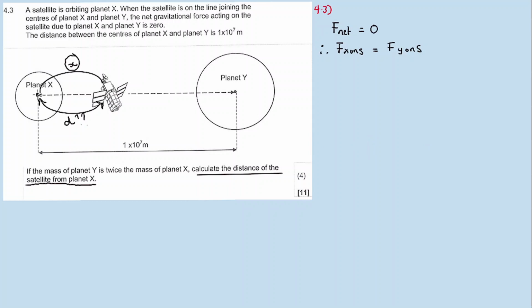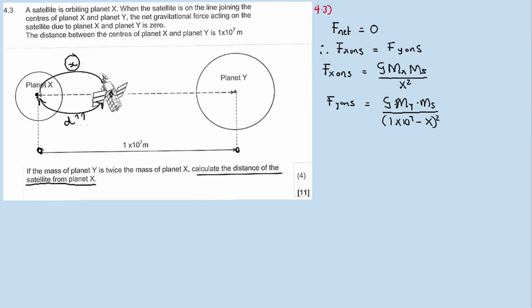So therefore, the force of gravity between planet X and the satellite is equal to G times mx times the mass of the satellite divided by x squared, which is the distance r between the two bodies. And then for planet Y, we do the same thing, G times mass y times the mass of the satellite divided by, this time, the total distance minus x.